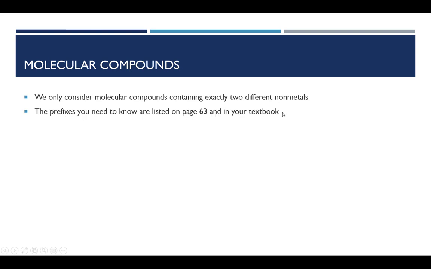They're also listed in your textbook. So the way to name these compounds is you put a prefix in front of each element's name to tell you if there's 2 or 3 or however many of that element. So if there's 2 nitrogens, it would be dinitrogen, or if there's 4 nitrogens, it would be tetranitrogen.